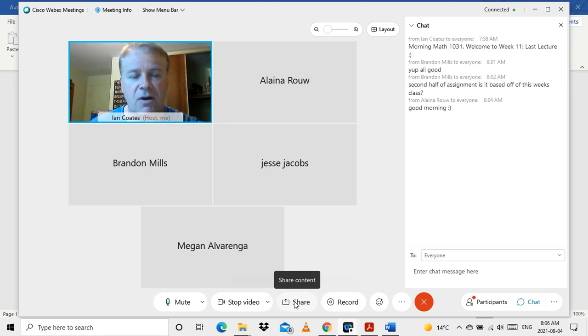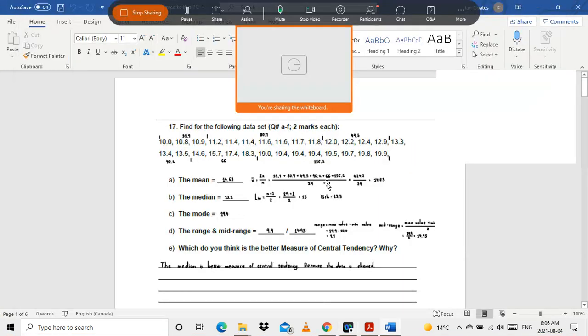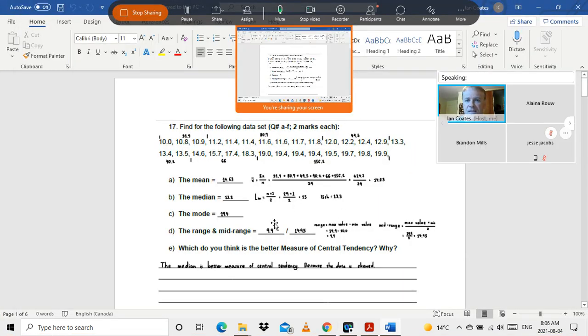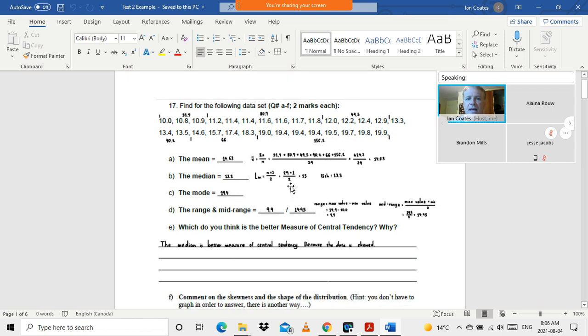Let's go over test 2 right now. This is from a student who did very well. How I mark these generally is: if you got me the right answer, then you got full marks.